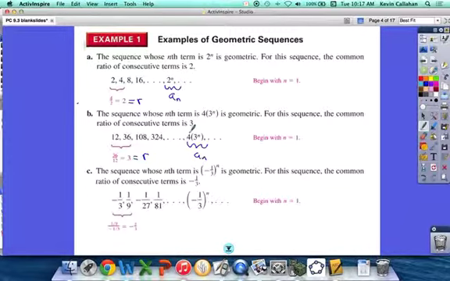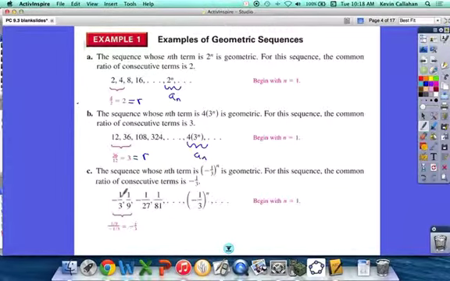And then even if it's fractions, even if it's alternating signs, you still do the common ratio. 1/9 divided by negative 1/3 is negative 1/3. I mean, it looks like you're multiplying. For the terms to change sign, that means you must be multiplying by a negative number, right? So that's why it's got to be a negative 1/3.